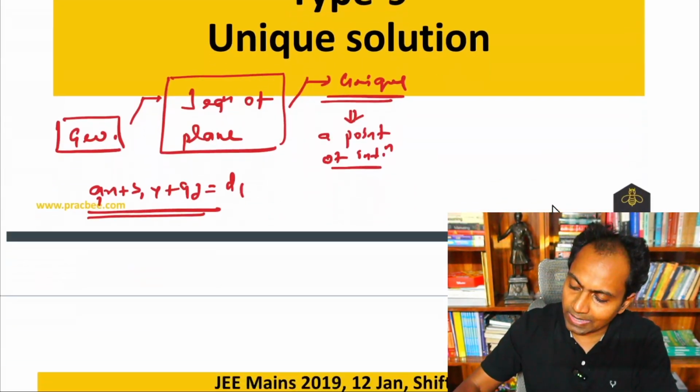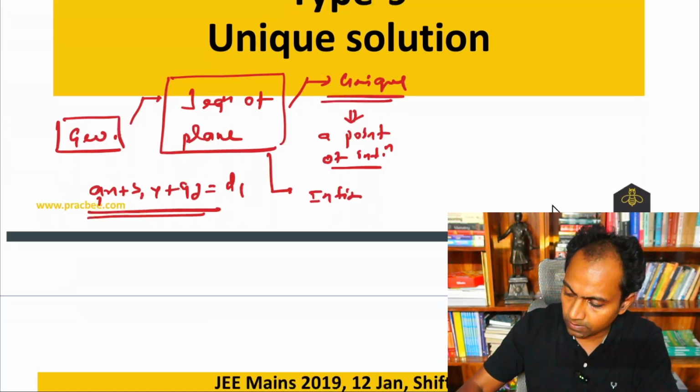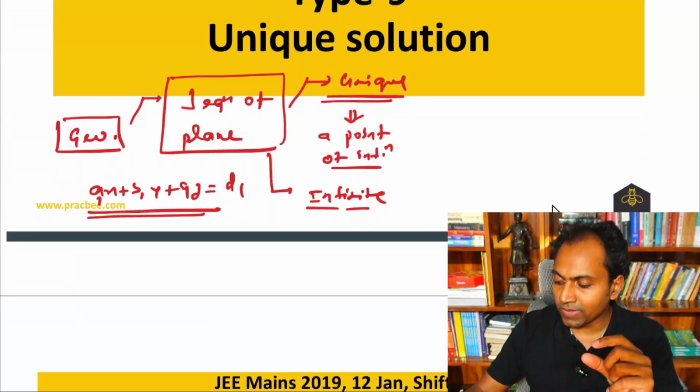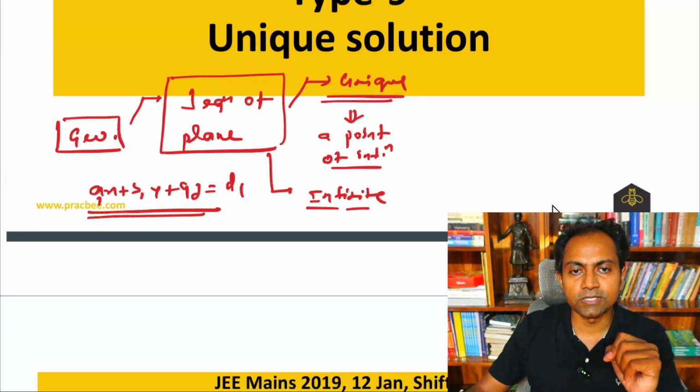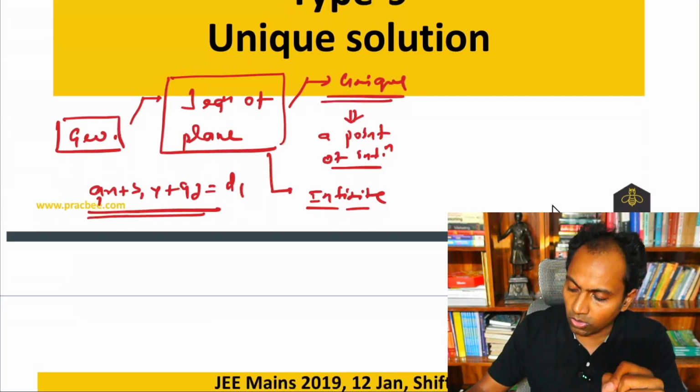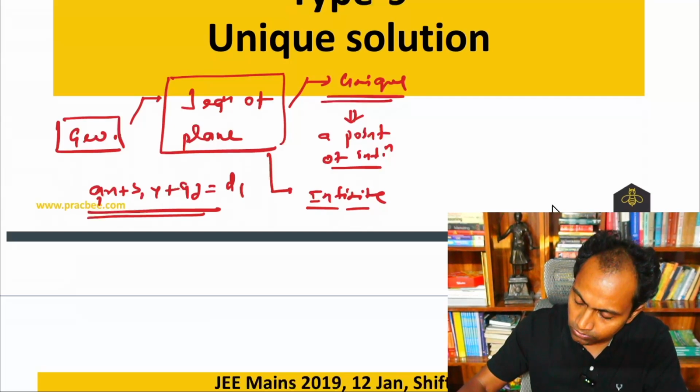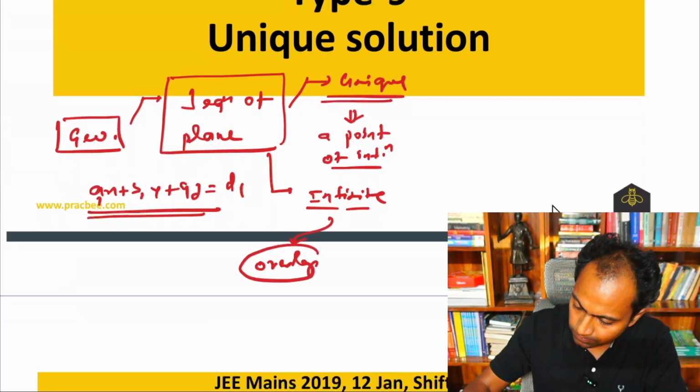Now when we understand infinite solutions, what is happening? In this scenario, when we are taking three planes, either all of them are passing through the same line or they are overlapping. So this can happen when the planes overlap or they intersect in a line.